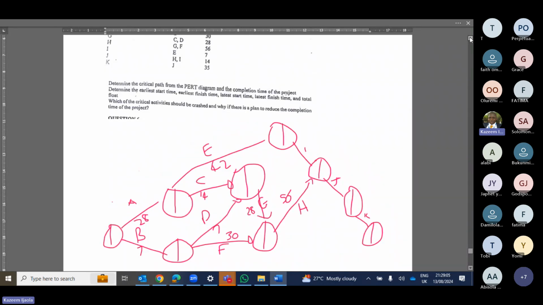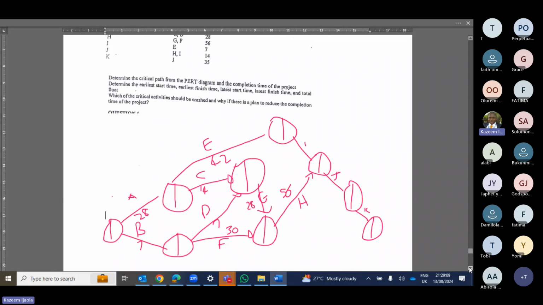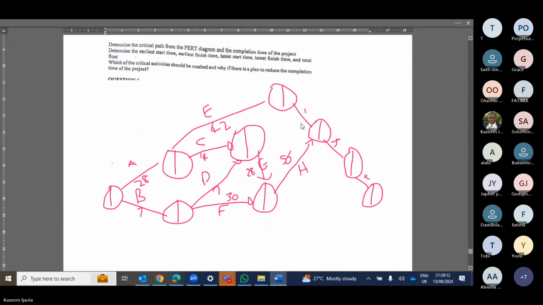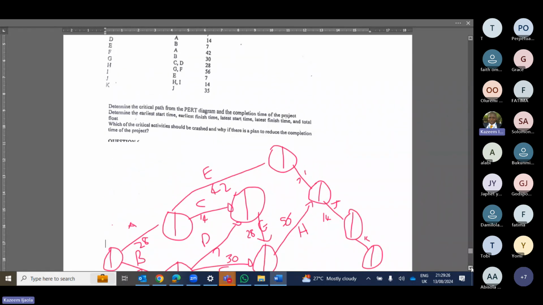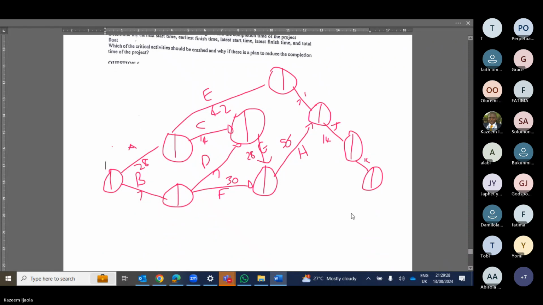I is 7, and J is 14. Then what about our K? Our K is 35. So we put 35 here. So guys, let's do our forward part.